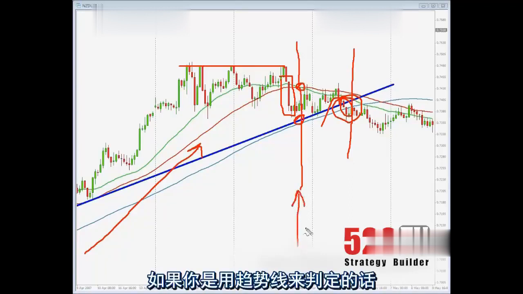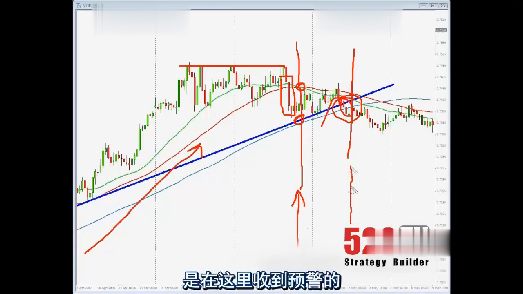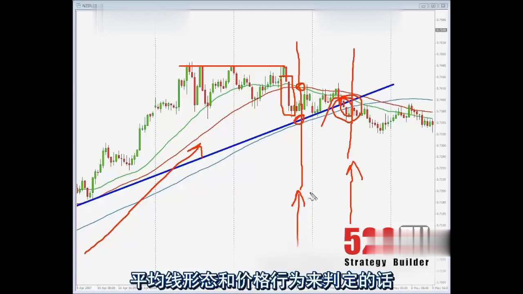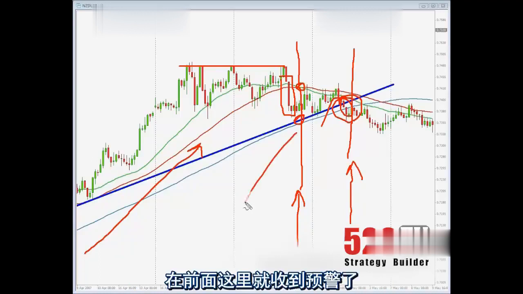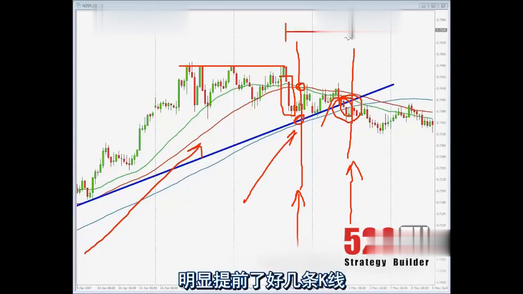Okay, if you follow the trend by the trend lines, you got your warning here. Okay, if you follow your trend with the moving averages and reading price action around the round numbers, you got your warning there. Okay, as you can see, quite a number of bars in advance, isn't it?